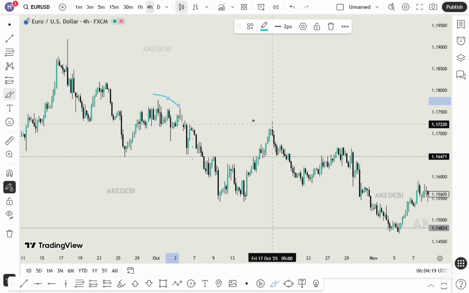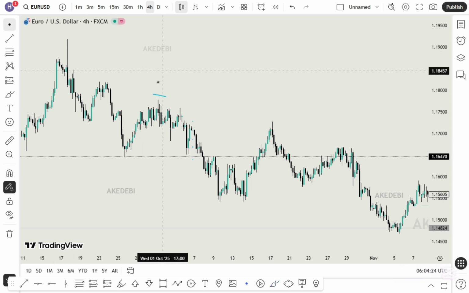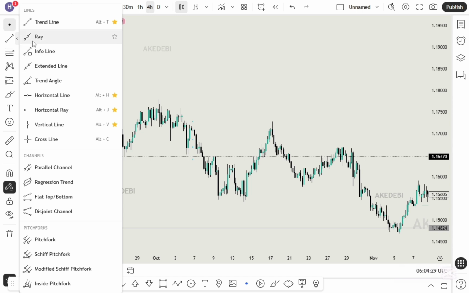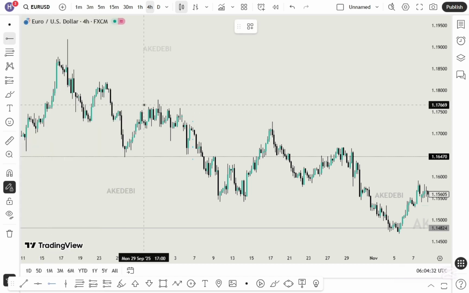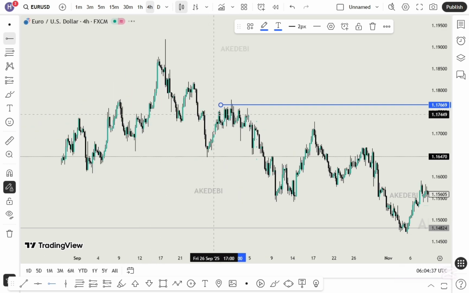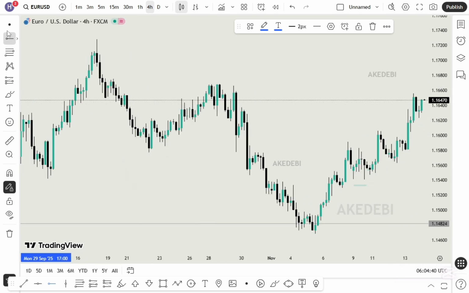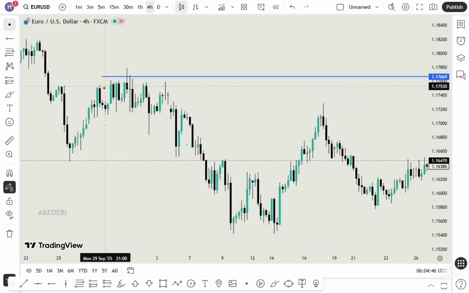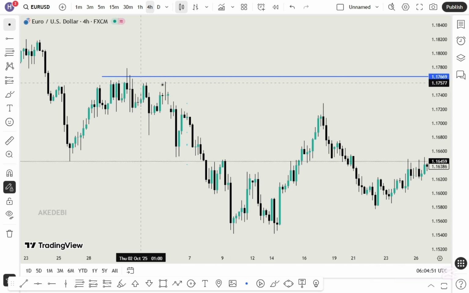Let me explain this carefully again. Now you see this market has this point here acting as a resistance zone. There are several retests in this zone, and this zone was unable to be broken.